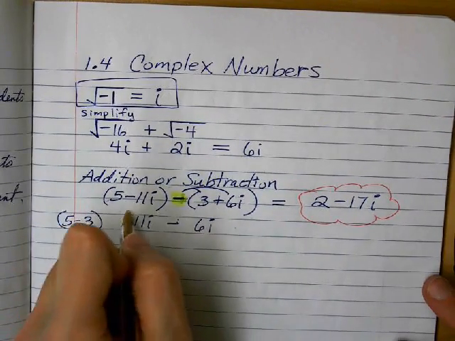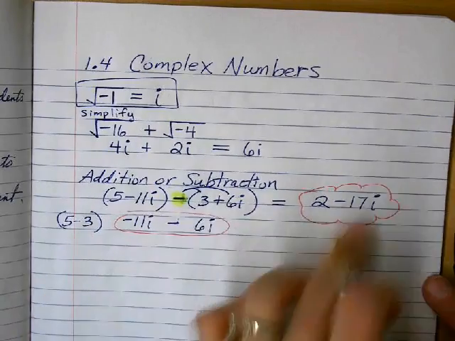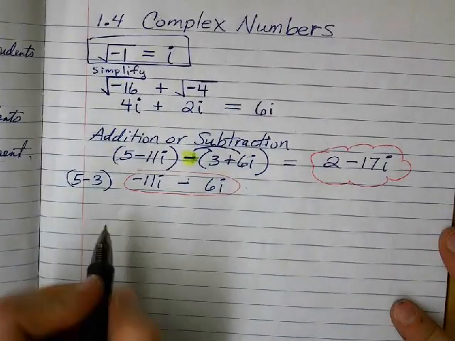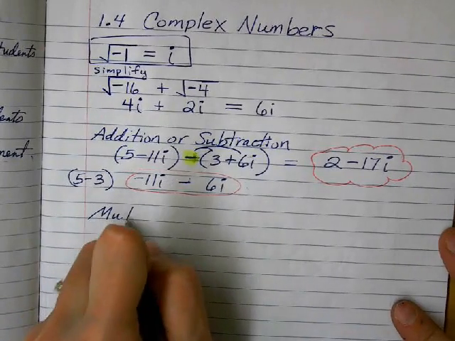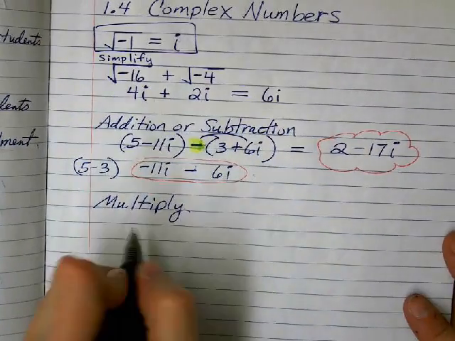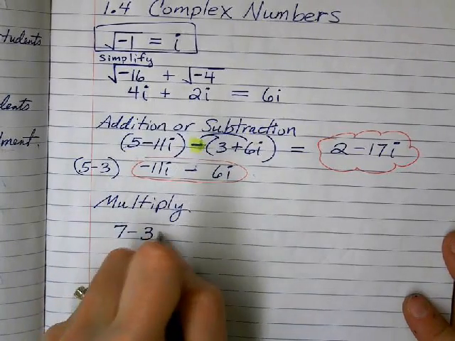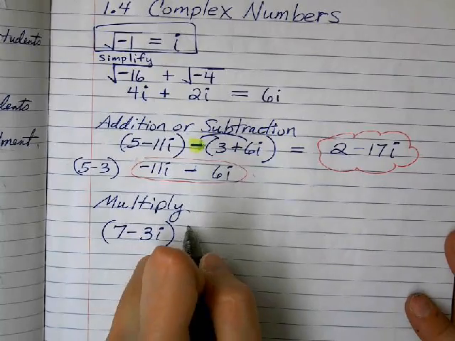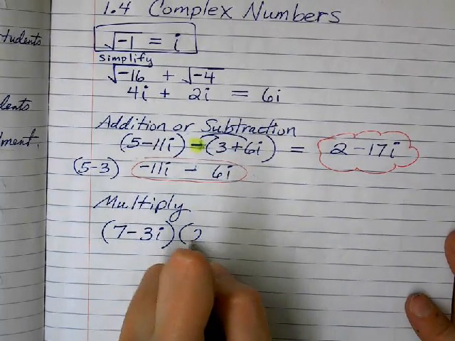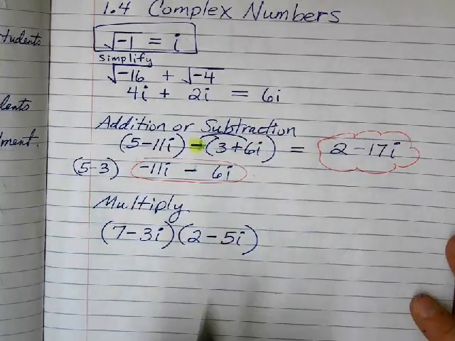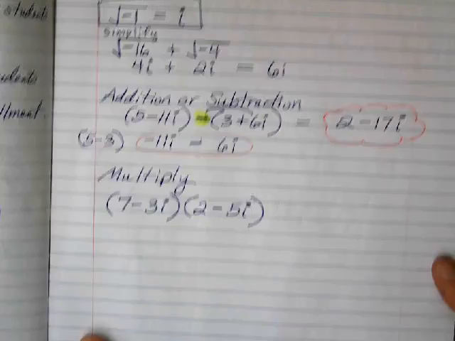Okay, let's try, what about if you had to do a multiplication one? What if you had to do 7 minus 3i times 2 minus 5i? What if you had to multiply? Do you remember how to do that?